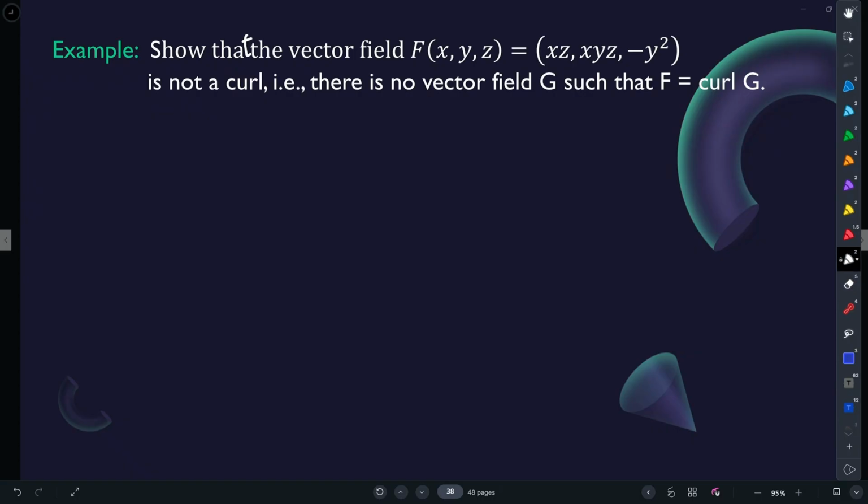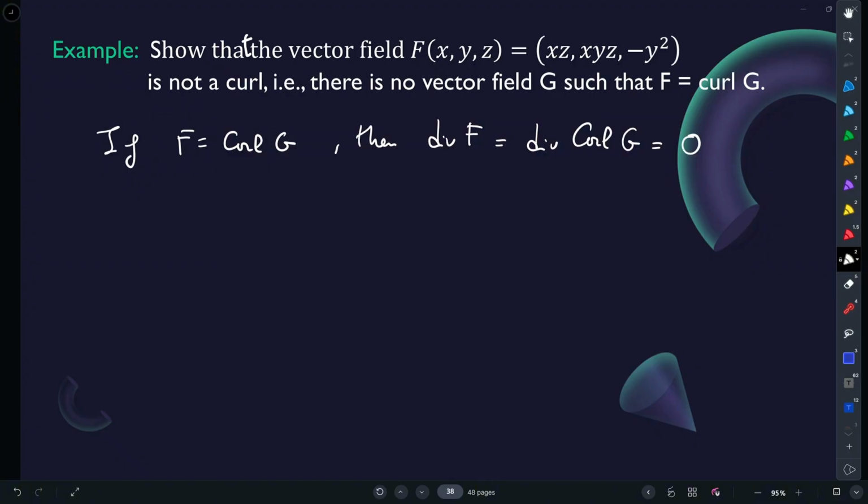So if f was a curl itself, then the divergence of f would be the divergence of the curl of G, and I know that the divergence of a curl is 0. So just compute the divergence of f and see what that is. If that is non-zero, then f cannot be a curl.